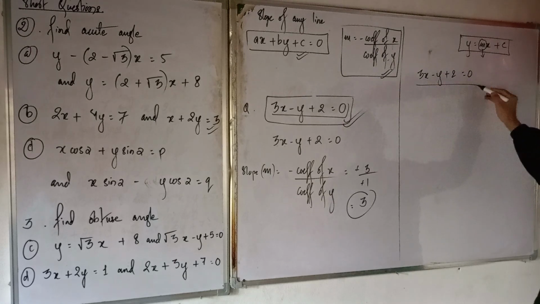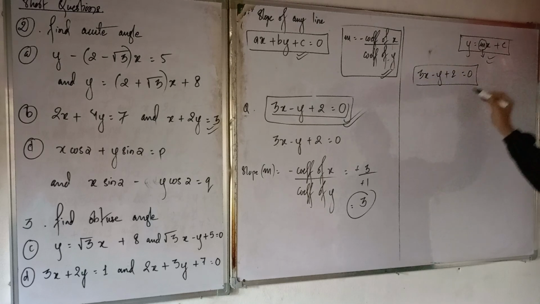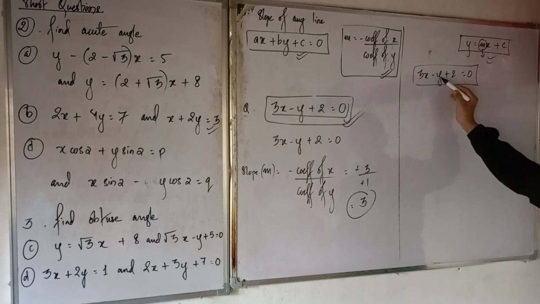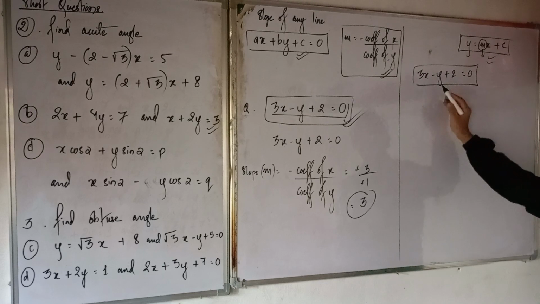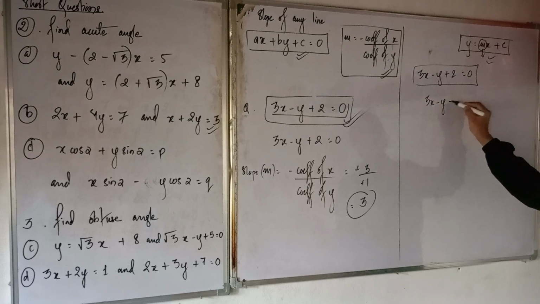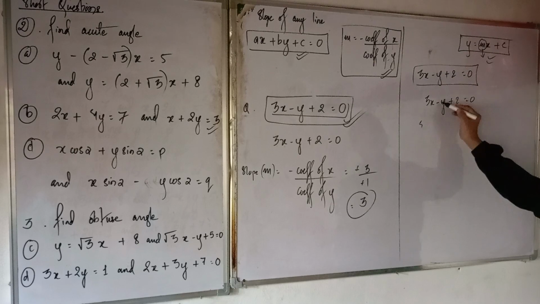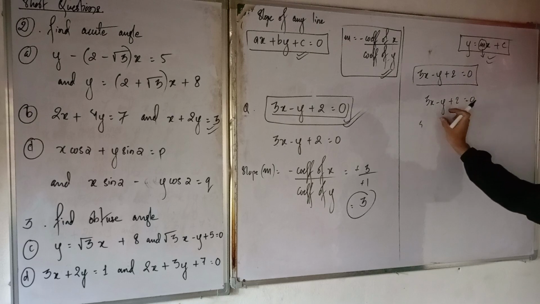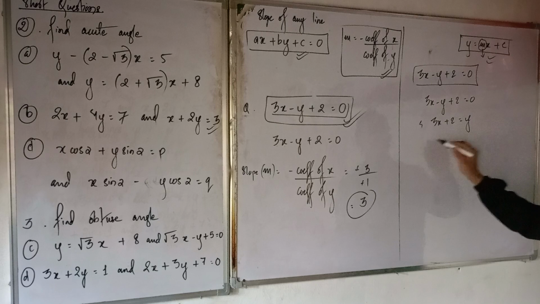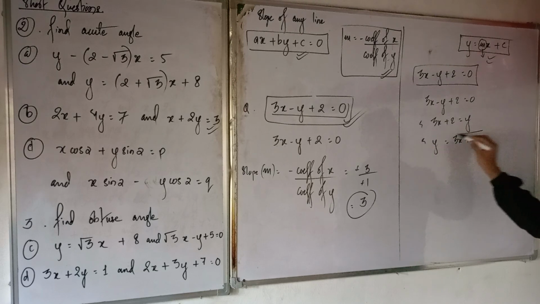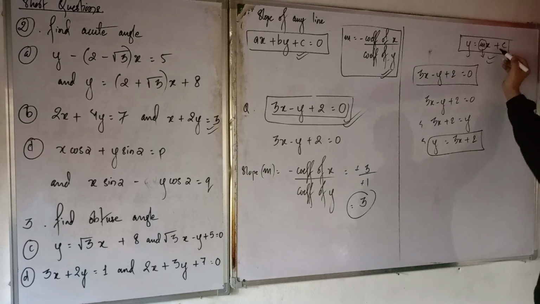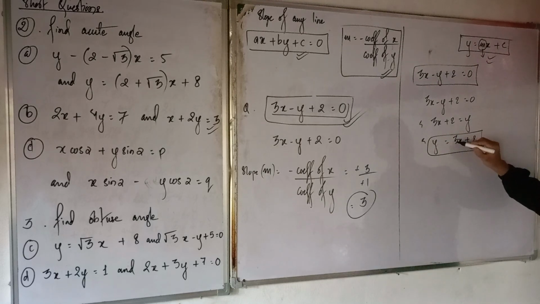To express it in slope intercept form, try to make the y variable alone. Here y is negative, so let's move minus y to the other side. It becomes 3x plus 2 equals positive y, so y is alone: y equals 3x plus 2. Now compare this with y equals mx plus c, and you get m as 3 and c as 2.